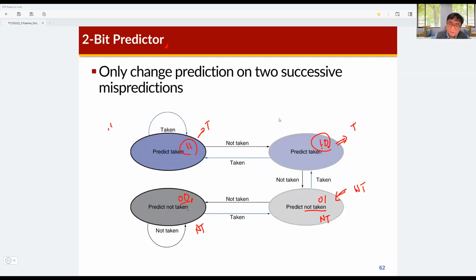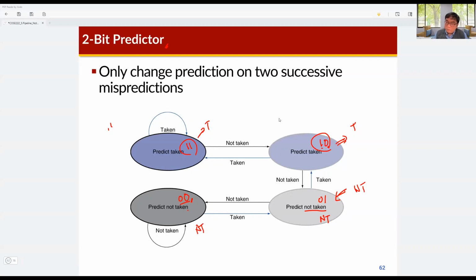Actually, the branch prediction is very critical for the performance of our processor. You may think that a branch instruction is very rare, but actually in our code, branch instructions are frequently used. Because of the frequently used branch instructions, control hazards happen frequently, and then clock cycles are wasted.